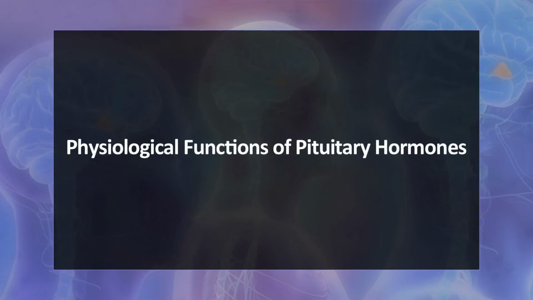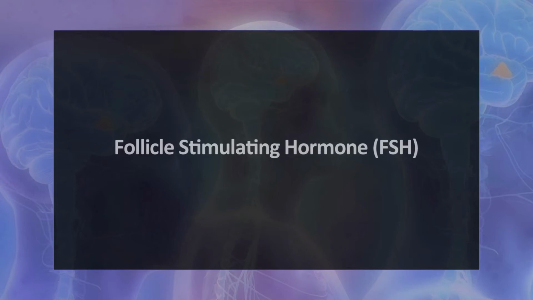Now that you are aware with the names of the hormones, let us understand their physiological functions. The anterior lobe secretes 6 principal hormones. You can remember them as FLAT PG. Now let us discuss them one by one, starting with follicle stimulating hormone.